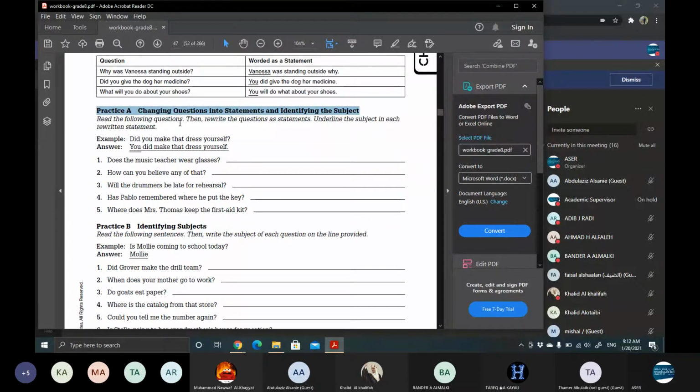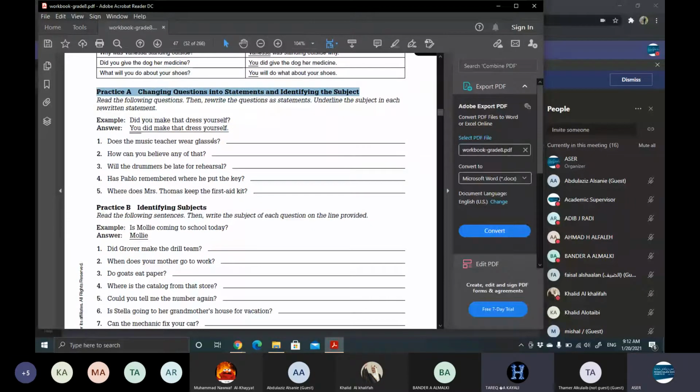Yes, start. Okay. Read the question, please. Teacher, I read the question then answer. Does the music teacher wear glasses? You can write it as a statement.